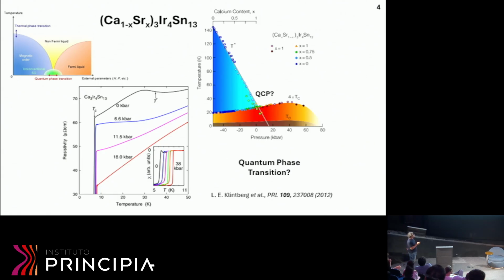From the behavior of the electroresistivity changing from Fermi liquid to linear, they assume there is a quantum phase transition, a quantum critical point, once the charge density wave is suppressed.